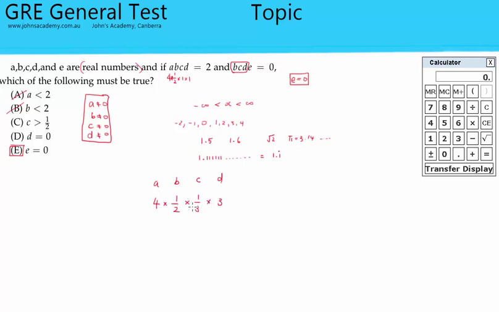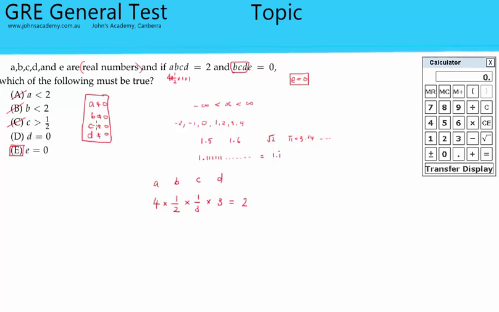So 4 times half times 1/3 times 3, that's 4 times half, that's 2, and 2 times 1 is still 2. That still satisfies this condition. And C is 1/3, which is less than half. So C doesn't have to be greater than half, so this is out as well.